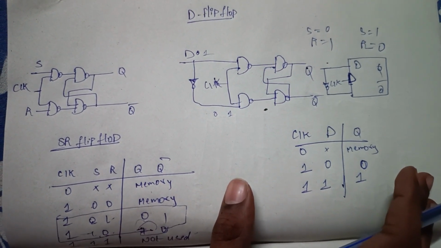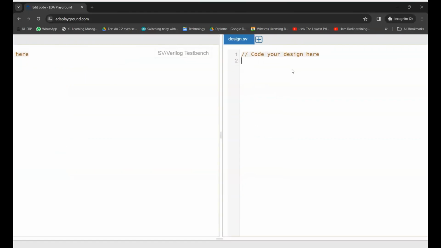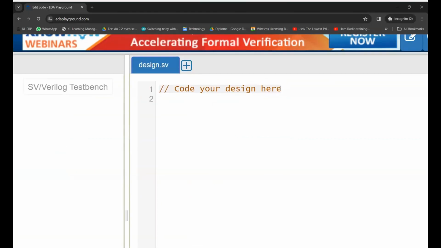Now we will see how to make the Verilog code for this D flip-flop. Guys, let's start making the Verilog code for the D flip-flop. I am creating a module called DFF. We will require some inputs: reset, clock, and D. We also require an output, output reg Y, and here I am mentioning reg.